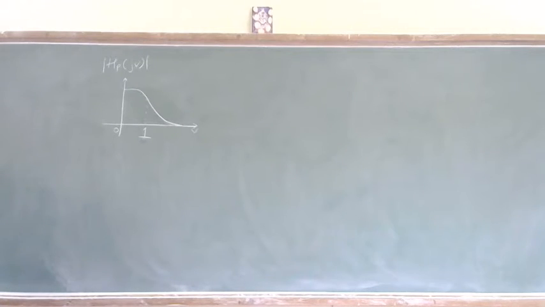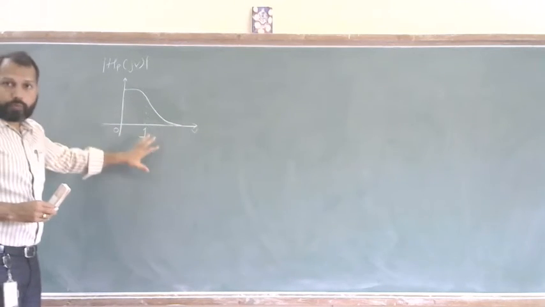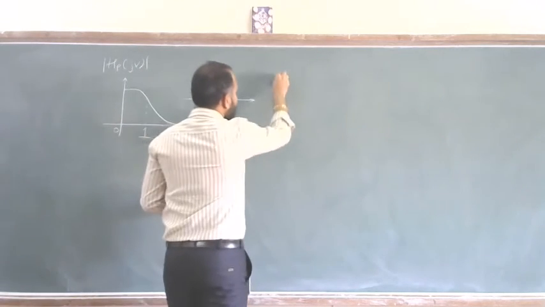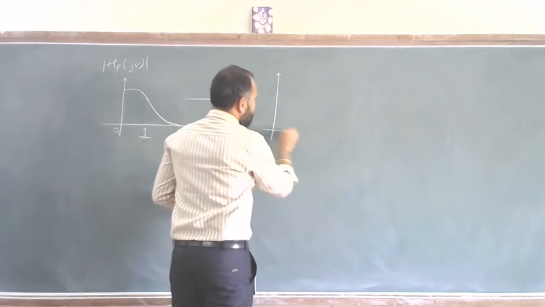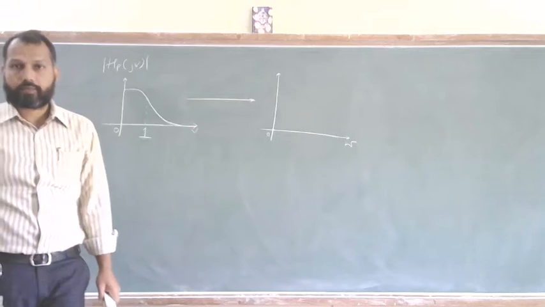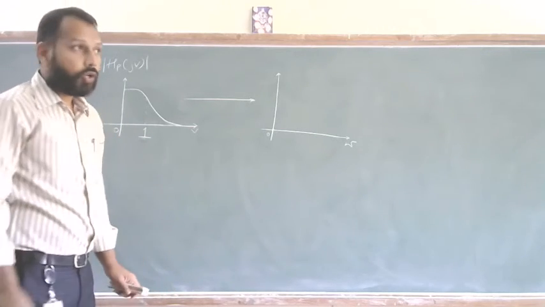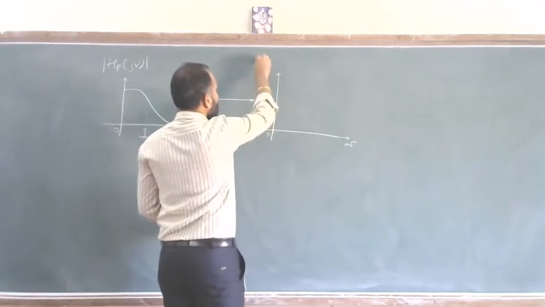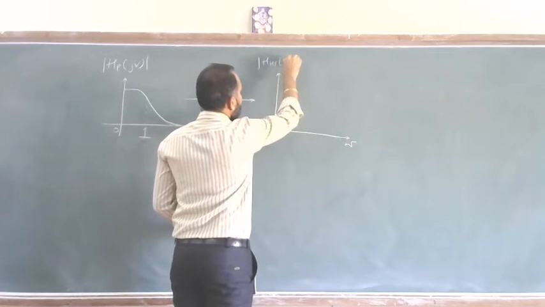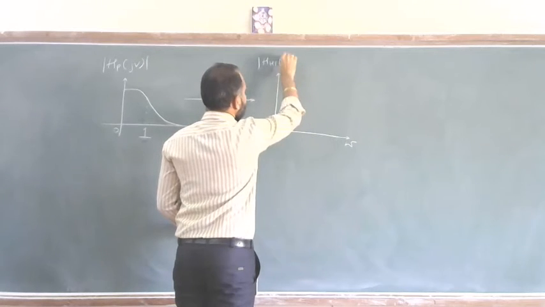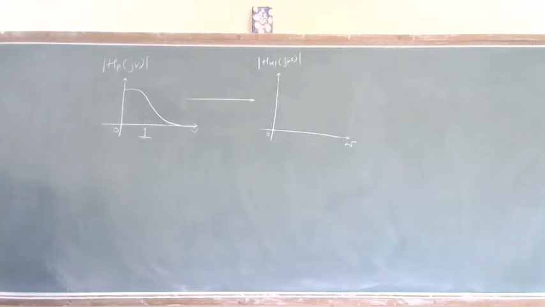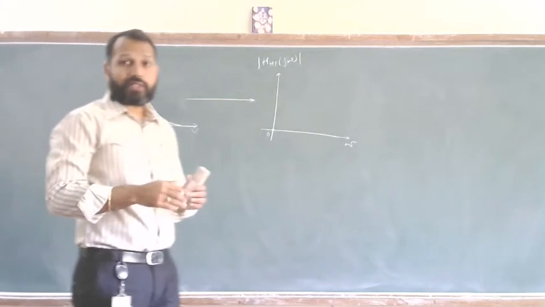Now, this low pass prototype filter can be converted into a practical high pass filter, whose magnitude response will be given as the magnitude of H subscript hp of j omega. Hp represents high pass.